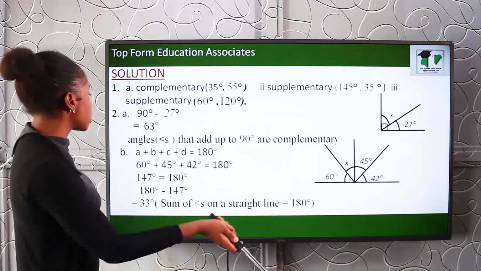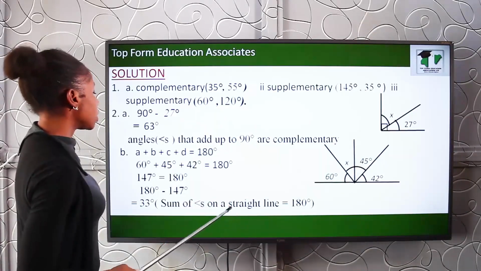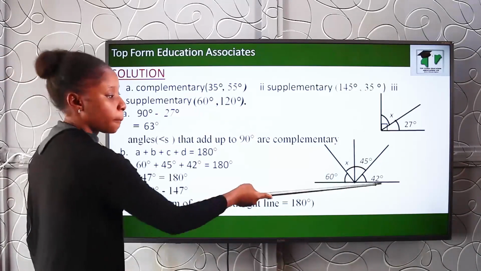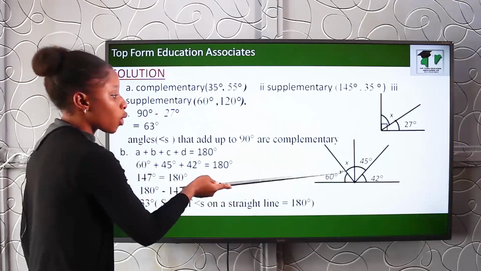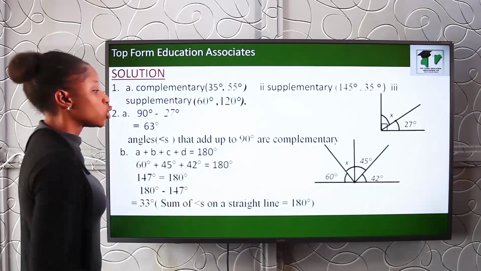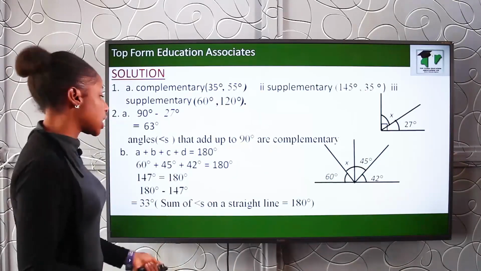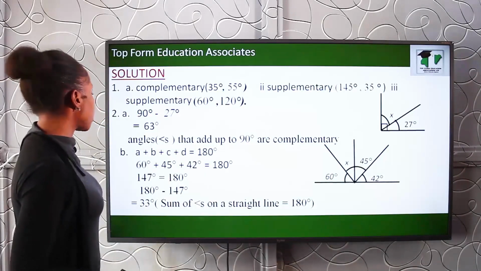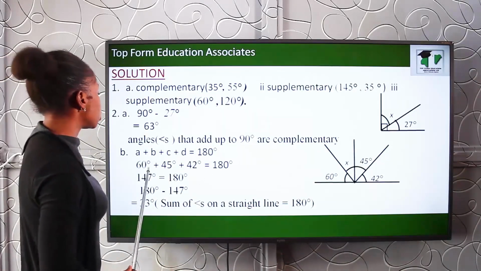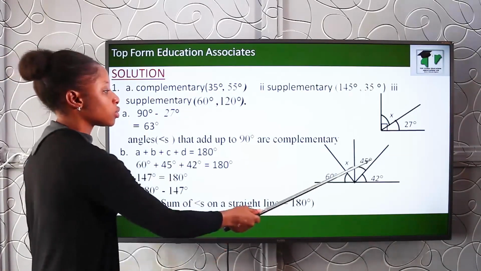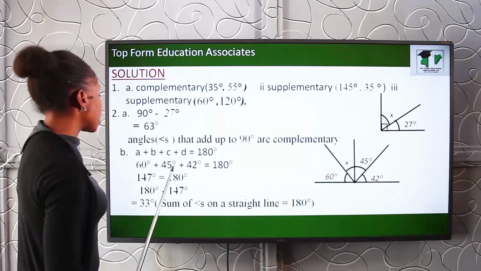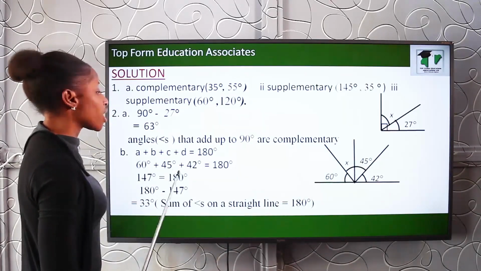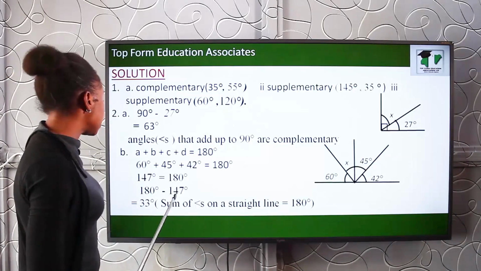Now, in this one, we're asked to find the value of x. To do that, we use the sum of angles on a straight line. This is a straight line, and all these angles are on this straight line. The sum of angles on a straight line, like we said, is 180 degrees. So very simply, we add all these angles together, we get this value, then we subtract from 180 degrees.